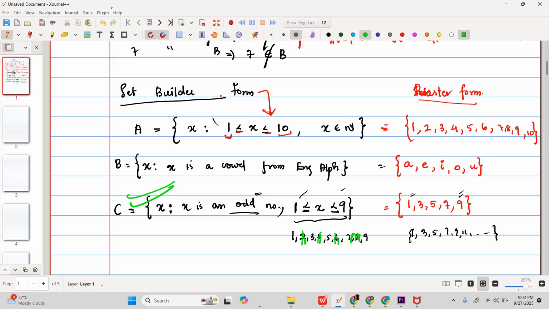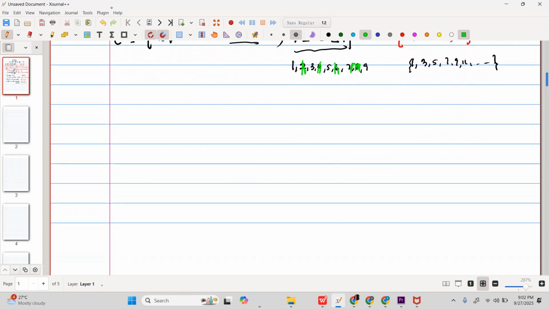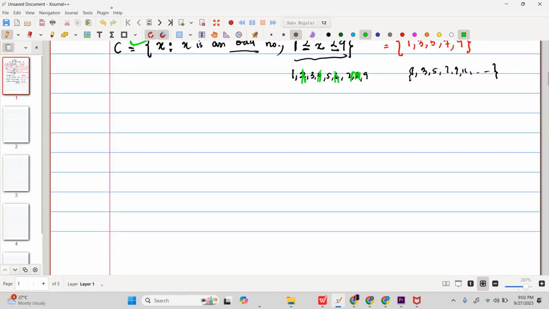I hope that you got the concept. So there is homework for you, to do the answers for this kind of sets. For the first one I am giving the set builder form, and for the second one I am giving the roster form.